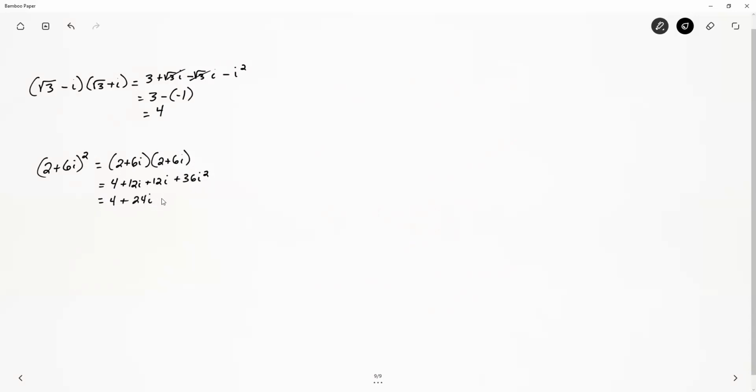And this is minus 36 because i squared is negative 1. 4 minus 36 is negative 32 plus 24i. And that's in that a plus bi form.